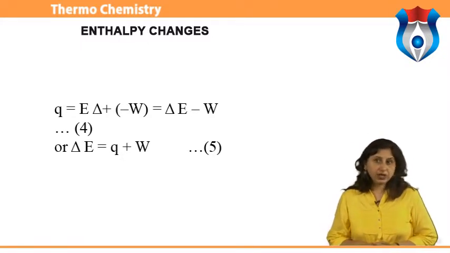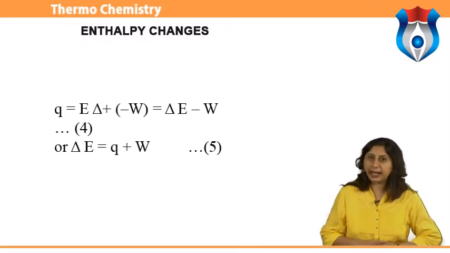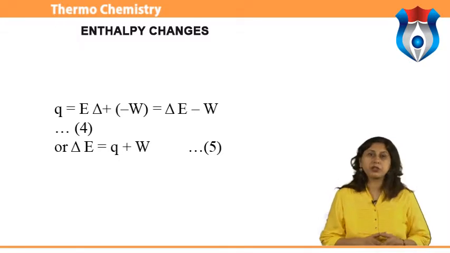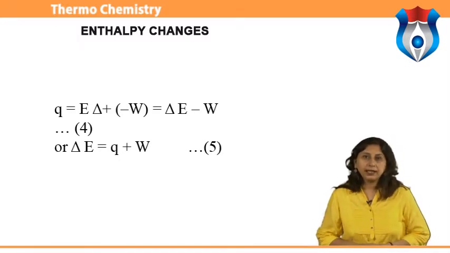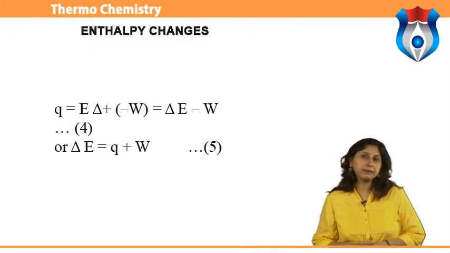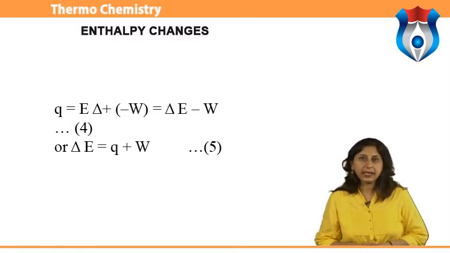Equation 3 also suggests that when Q amount of heat is given to the system and at the same time W amount of work is done on the system, then the internal energy of the system is increased by delta E.